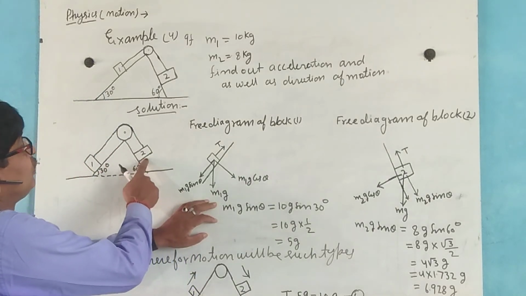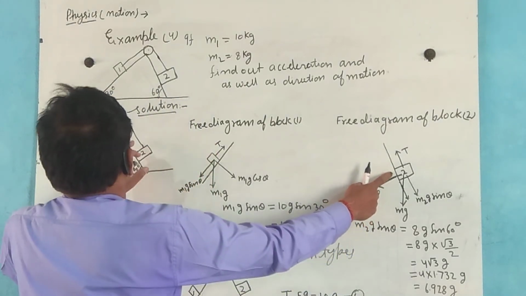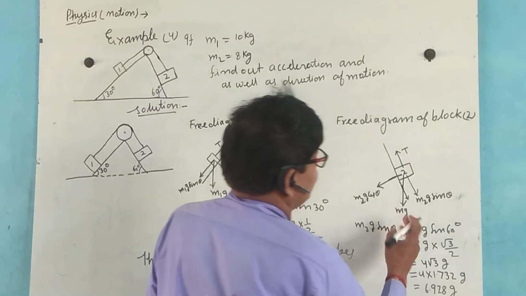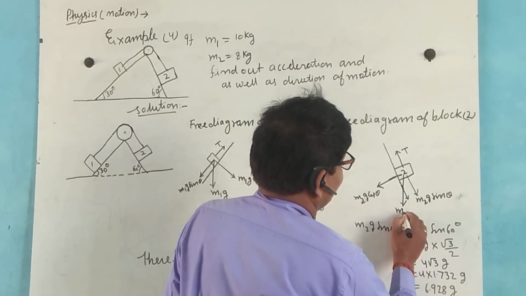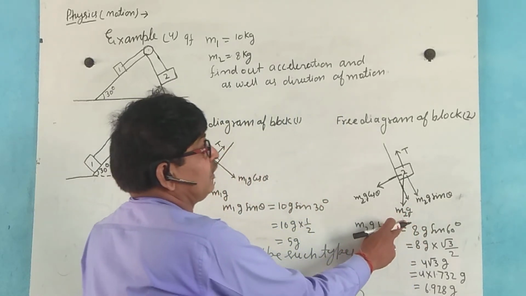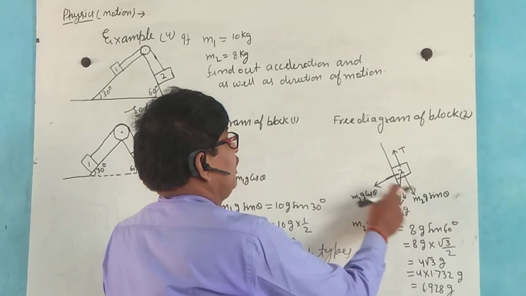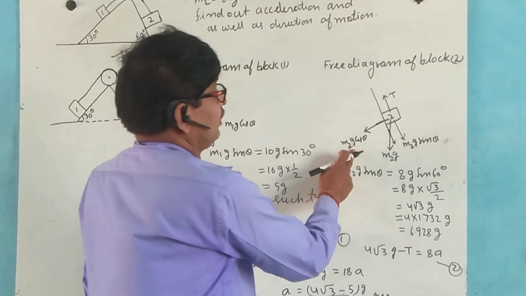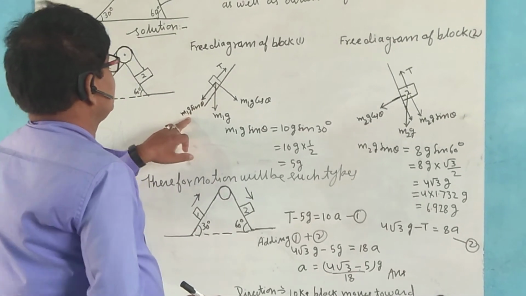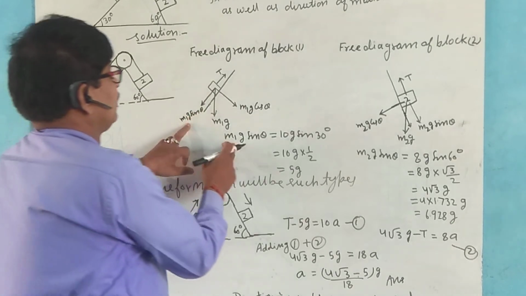And now we take the free body diagram of block 2 here, so that tension T here, and this is M2g weight, it is resolved into two parts, M2g sin theta and M2g cos theta here. Now we calculate M1g sin theta, the force acting in this direction.